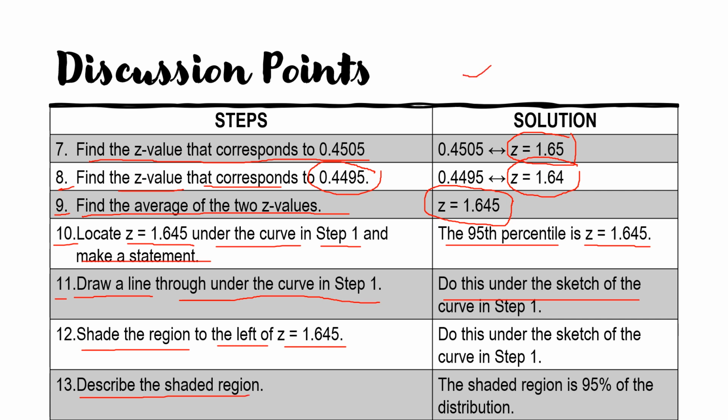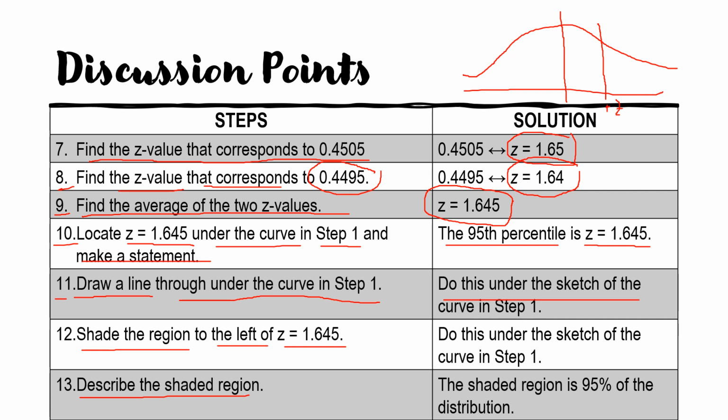If this is your normal curve, for example, let's put your mean first. That will be at your center. Then if we try to locate your z equal to 1.645, it will fall here. So that will be a positive z-score.